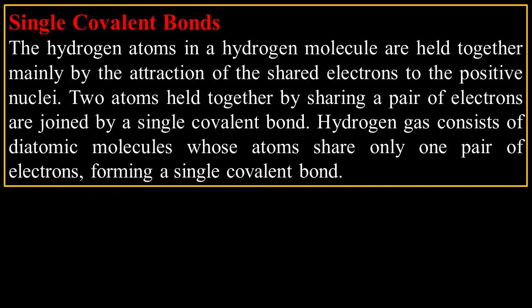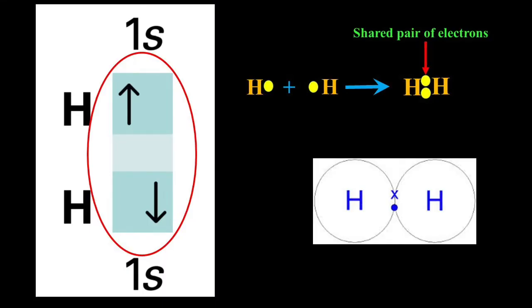The hydrogen atoms in a hydrogen molecule are held together mainly by the attraction of the shared electrons to the positive nuclei. 2 atoms held together by sharing a pair of electrons are joined by a single covalent bond. Hydrogen gas consists of diatomic molecules whose atoms share only 1 pair of electrons, forming a single covalent bond.